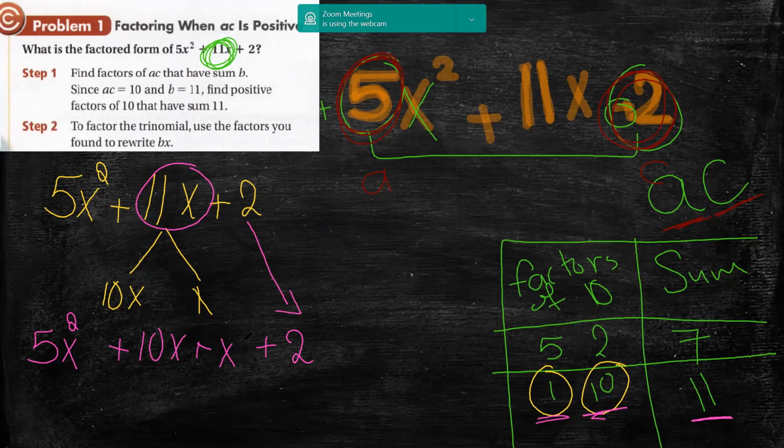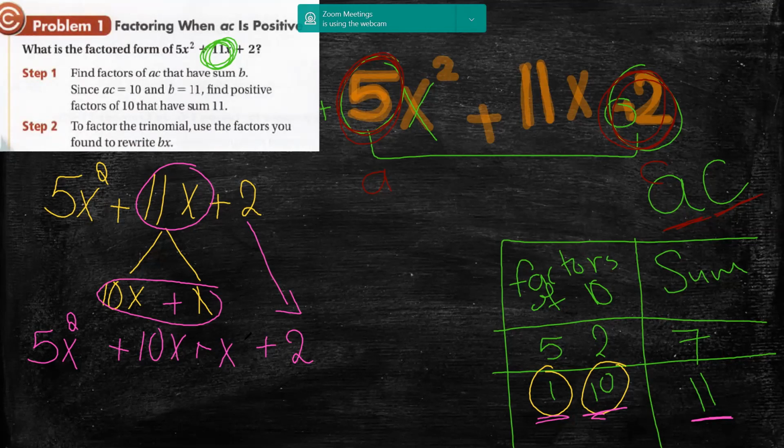Yes. So after I found the factors of 11, I rewrite the trinomial, but instead of 11x, I write 10x plus x. How, teacher? Sorry? How what? You said 10x plus x is equal to 11x.